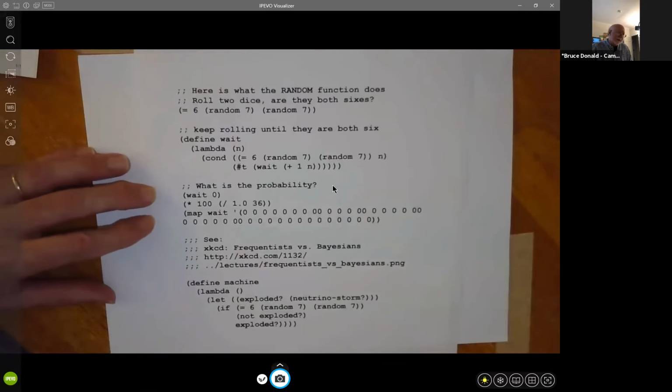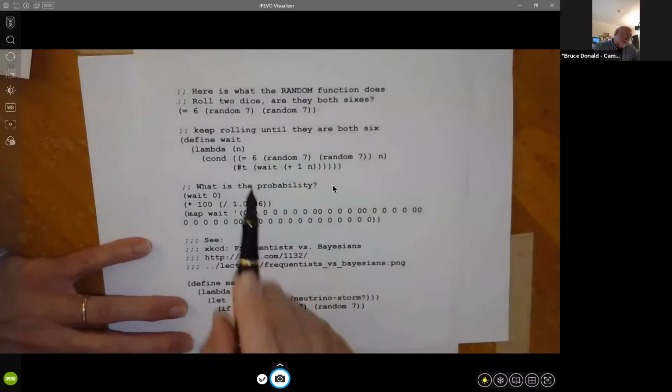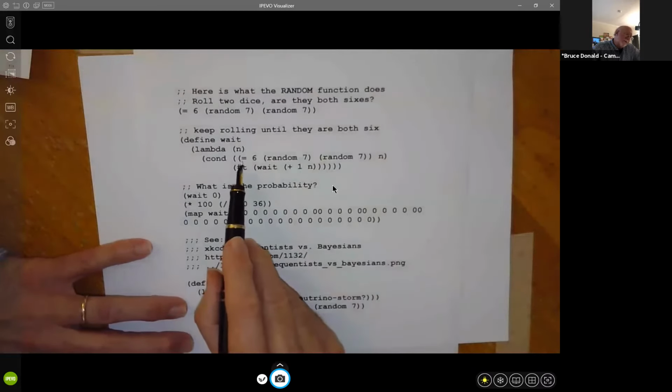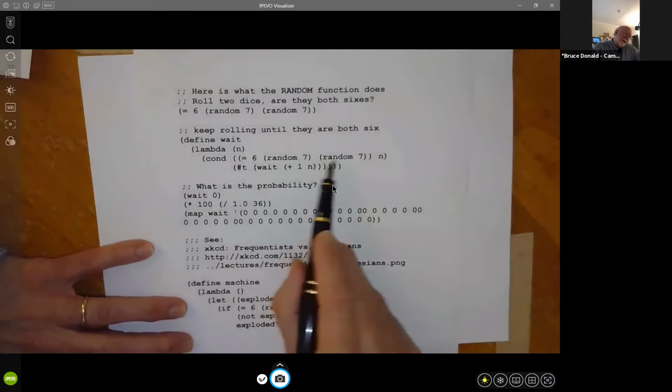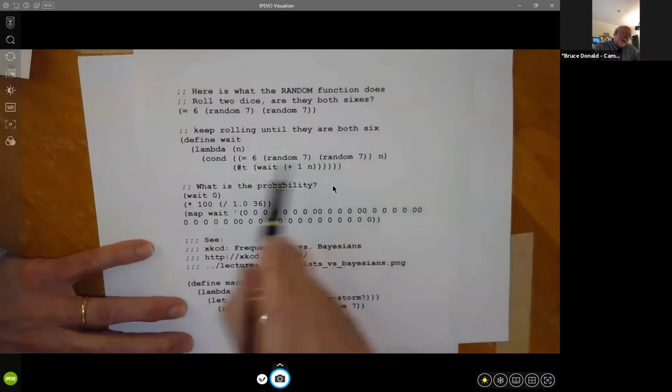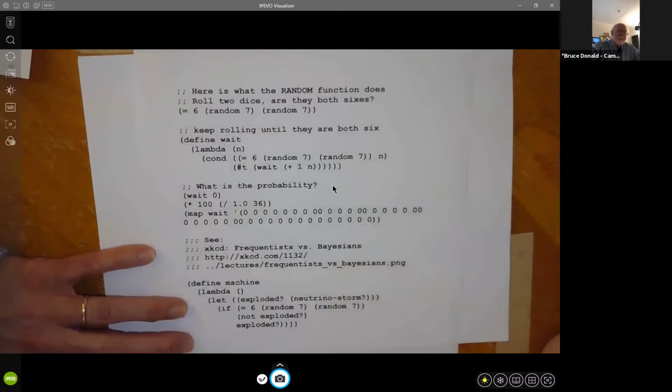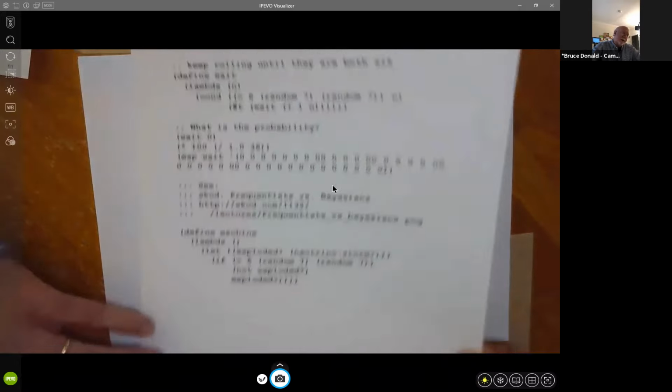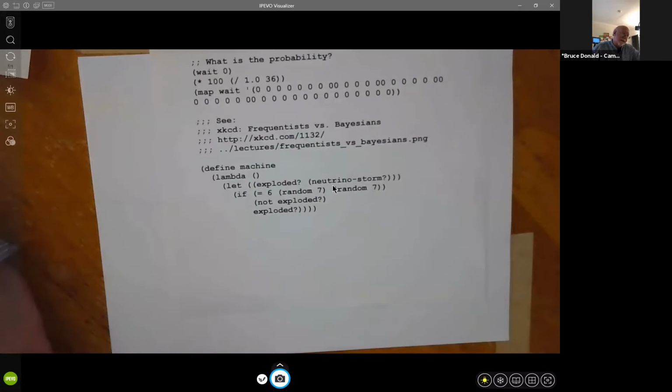So here's Desmarais' game. Remember what he's doing here is he's rolling 2 dice, and he's waiting till he gets double sixes, i.e. just 6 equal random 7, random 7. Random 7 returns an integer between 0 and 6. That's fine. So we want to know when that happens, right? But our neutrino detector is actually working the same way, and we can write that modularly in the following sense.